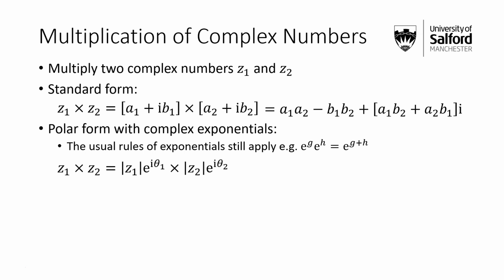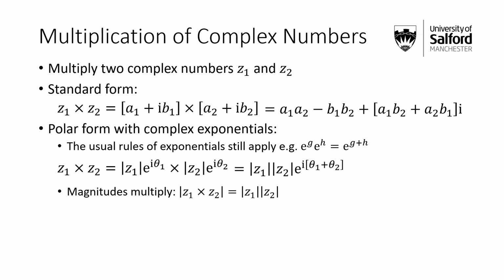So if I'm going to multiply these two things, z1 is the magnitude of z1 times e to the i phi 1, where that was the phase of z1, which I apologise I haven't written on here, and then the magnitude of z2 times e to the i theta 2, where theta 2 is the phase of z2. If I collect those terms, you can exploit this exponential rule and combine these i theta terms, and they just add. So we see that the two magnitudes multiply, just change the order, and the phases add.